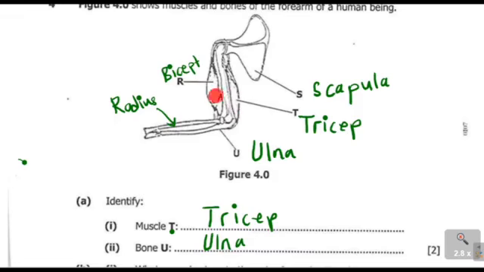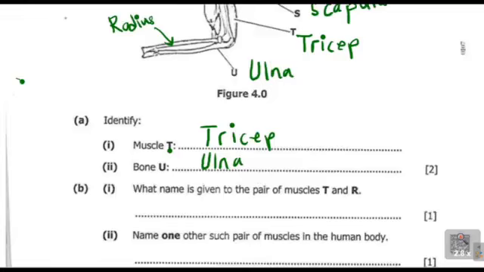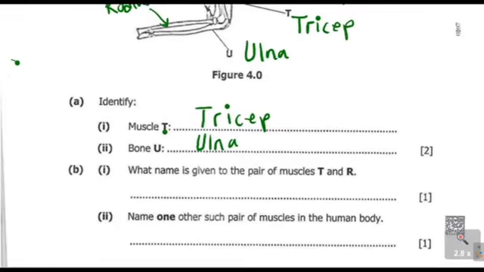So I did mention that the bicep and the tricep, the pair of these muscles is called antagonistic muscles because they work in opposite direction, depending with how the person is doing the arm. So if the person is bending the arm, the biceps will contract while the tricep muscles will relax. But if a person is straightening the arm, the tricep muscles will contract while the bicep muscles will relax.